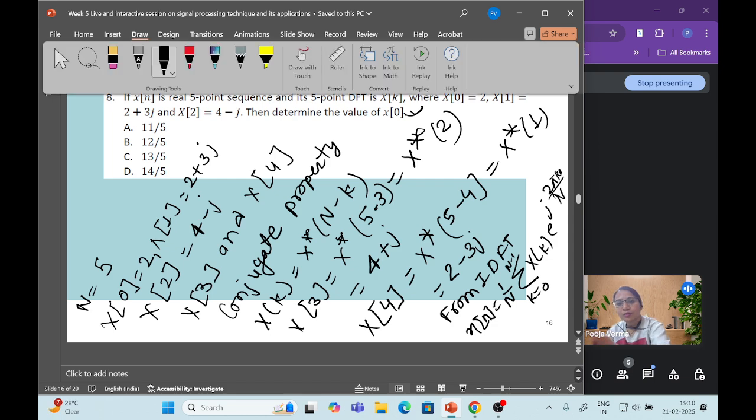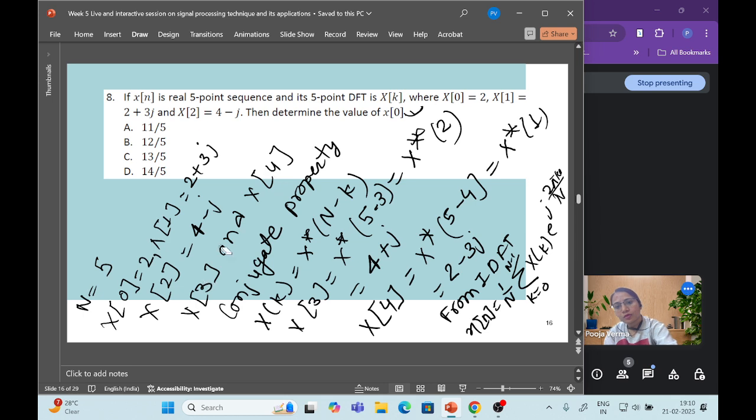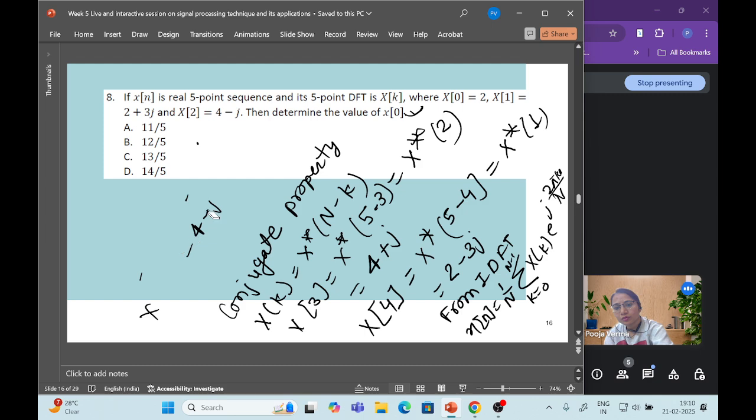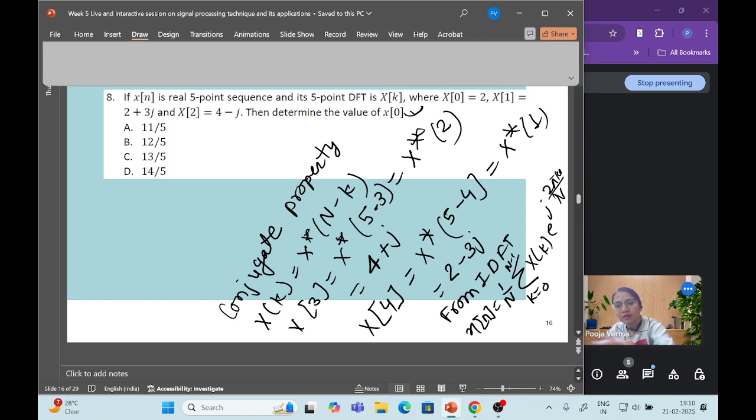So now we need to find x of 0. So in place of n, we need to put 0.